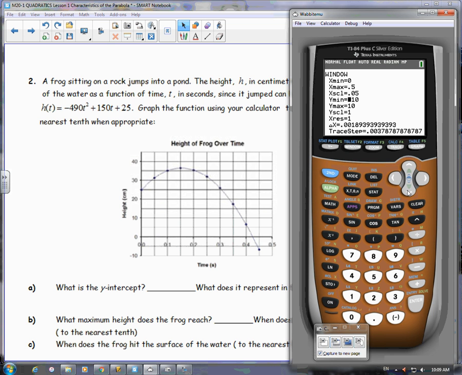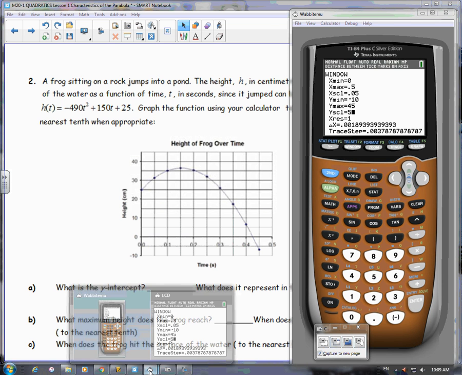In terms of the y value, the lowest one that they've got here, because they show it going below a bit, that's okay, is -10. The highest value looks like it should be 45. And it looks like they've got a line every 5 units. So to get the closest picture to what they have, these are the window settings that we want to use.